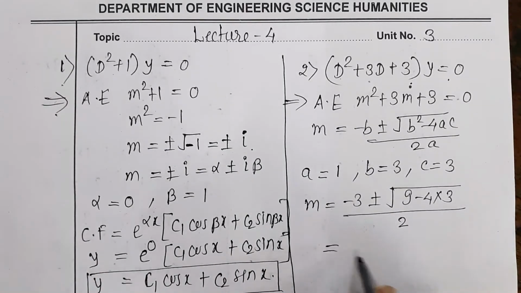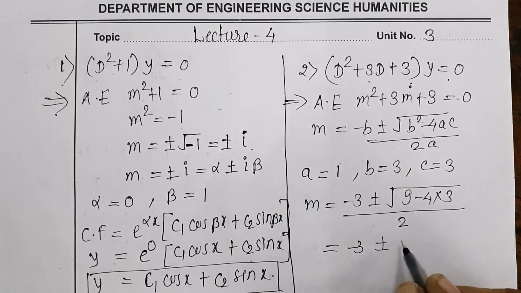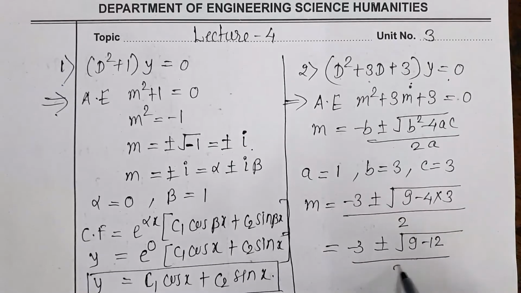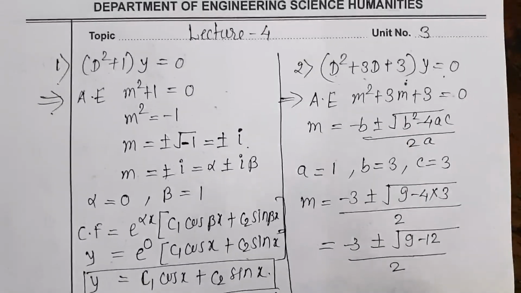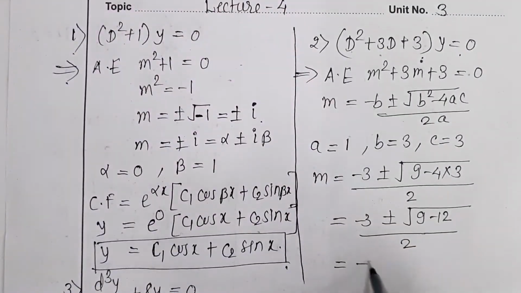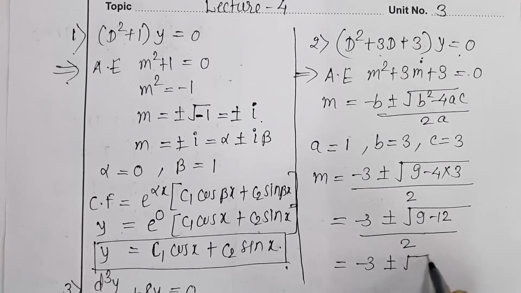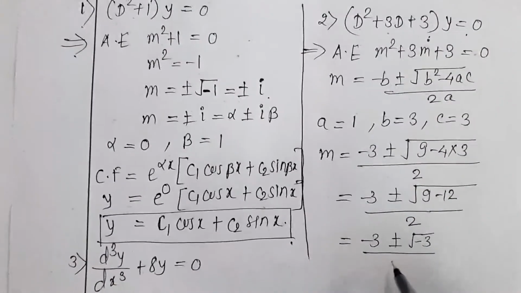So this is equal to -3 ± square root of 9 - 12, divided by 2.